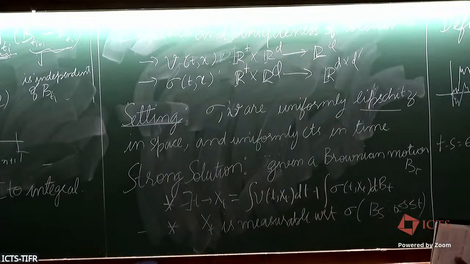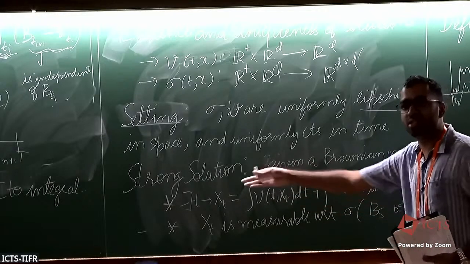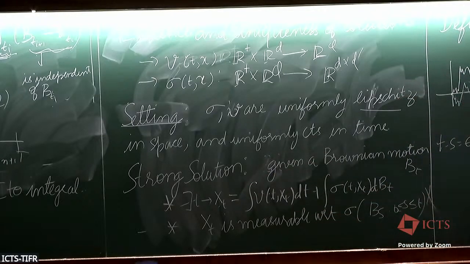What do we call a weak solution? We say that we are not given a Brownian motion. We construct a Brownian motion and Xt such that this holds, but the second condition need not be true. There's a subtle nuance there, and there is something called Tanaka's equation, which doesn't have a strong solution but has a weak solution, which is beyond the scope of this set of lectures. But I would implore you to look it up if you are interested.